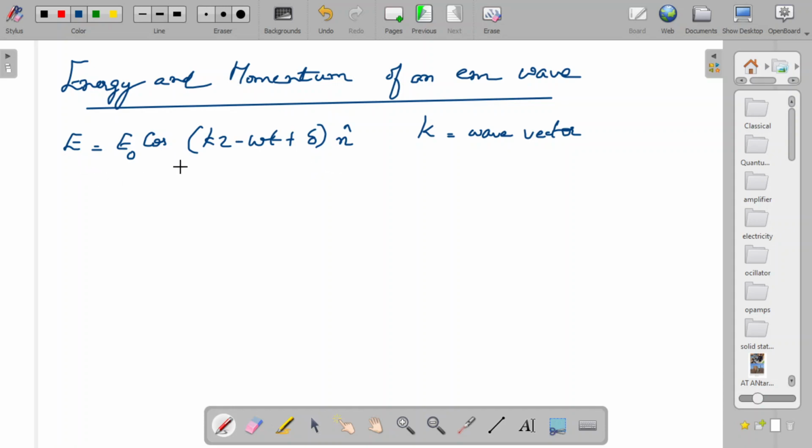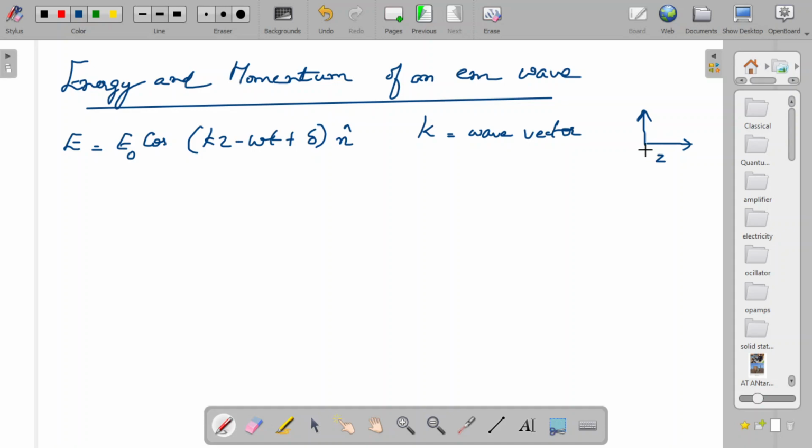And we have understood that the electric field will be oriented perpendicular to the direction of the propagation of the wave. So if the direction of propagation is z, then obviously the electric field will be lying in the x or the y direction.